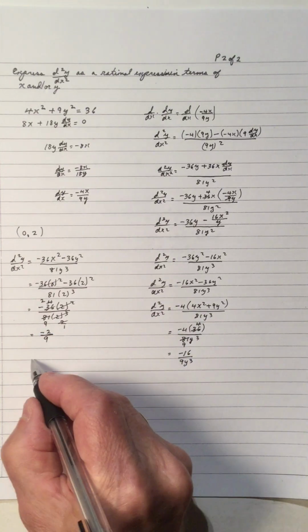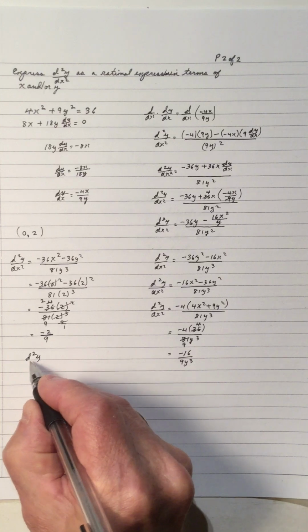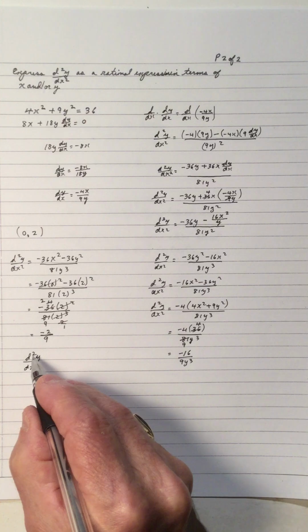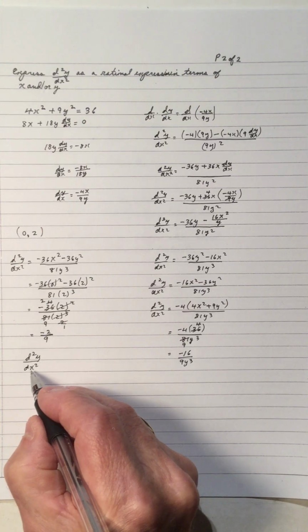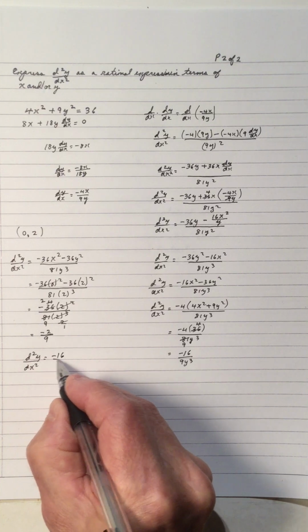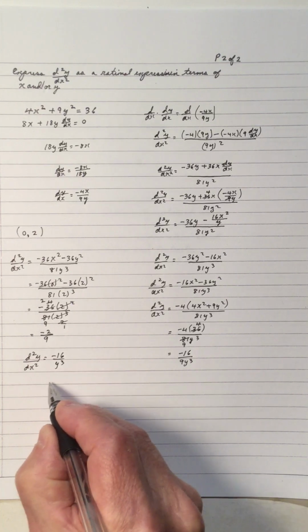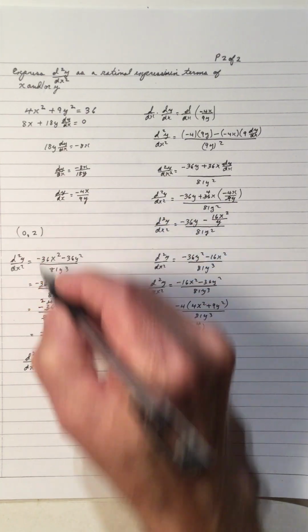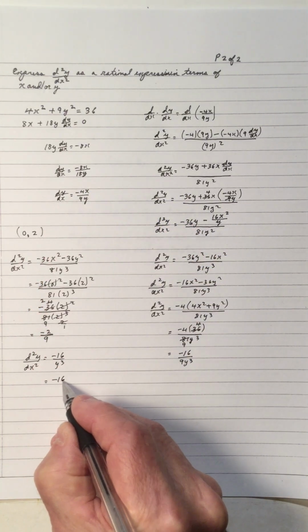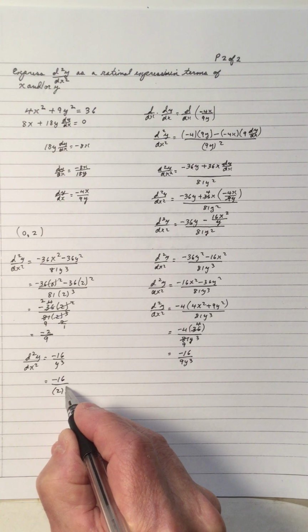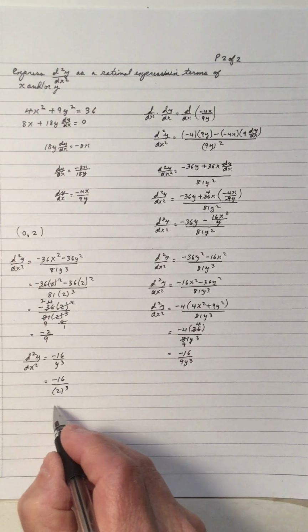So what about the other expression for the second derivative? You have d squared y over dx squared is equal to this expression. Now at this point, x is 0 and y is 2. So we have no x, and y is 2, so we put 2 in and simplify it.